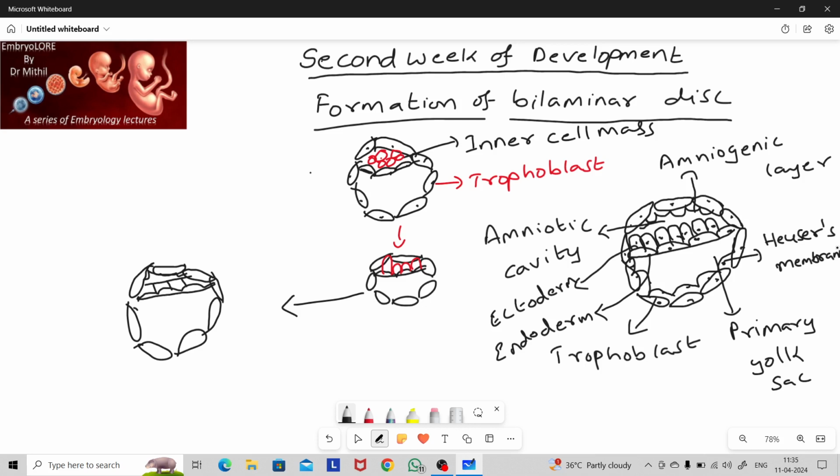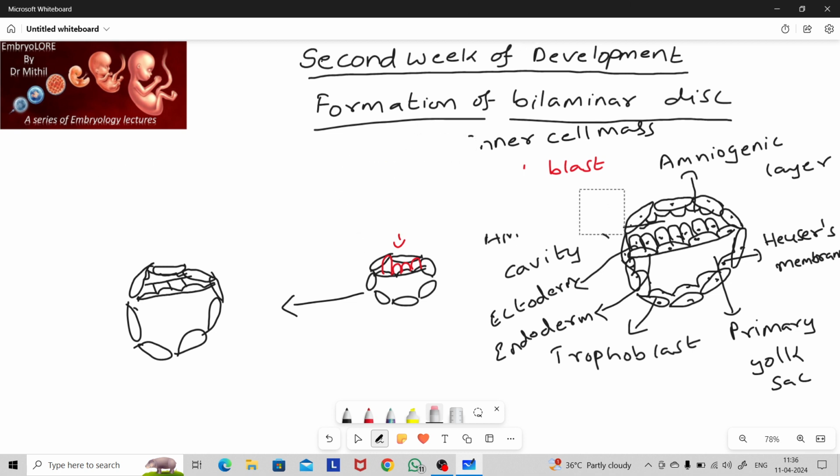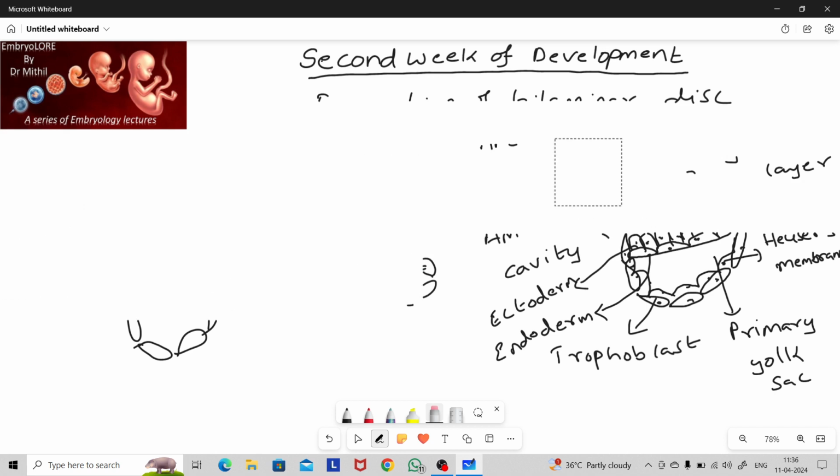Now what happens is that the cells of the trophoblast further give rise to a mass of cells, which separates the amniotic cavity and the primary yolk sac. That is called the extra embryonic mesoderm. Its classification we will see in the next part, by further understanding how the extra embryonic mesoderm is formed.